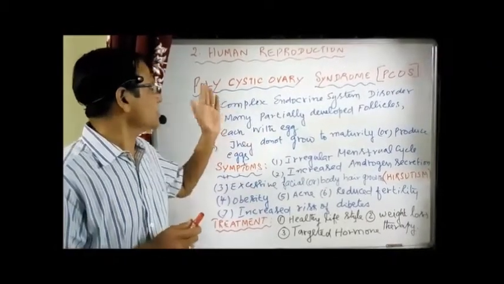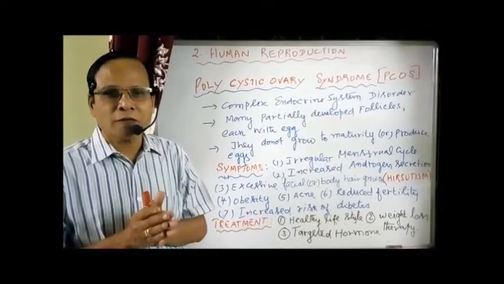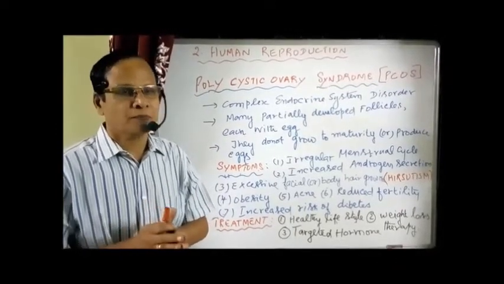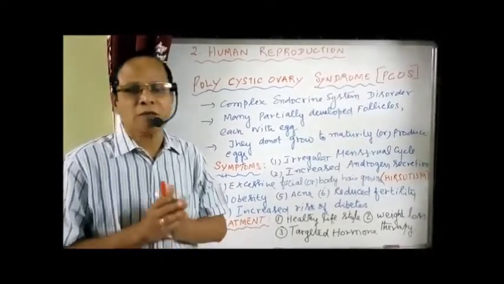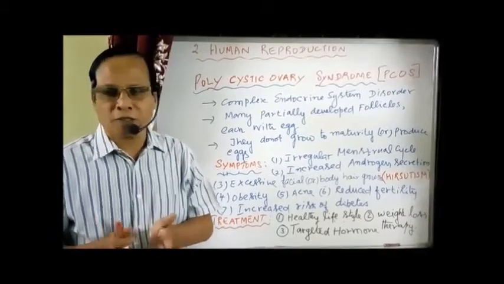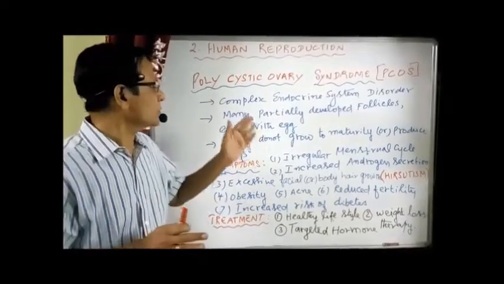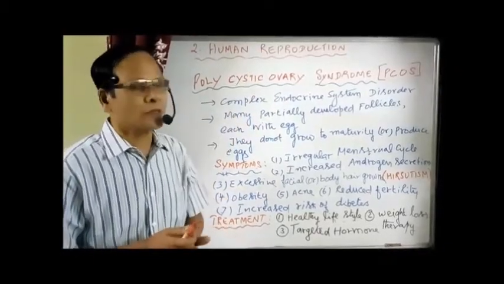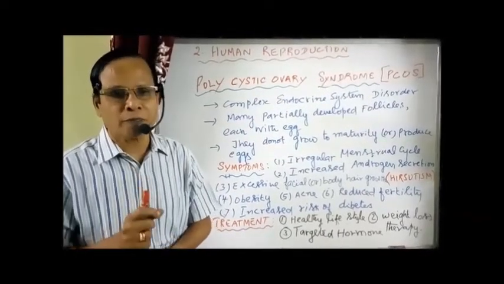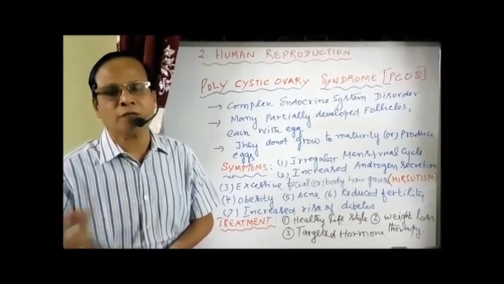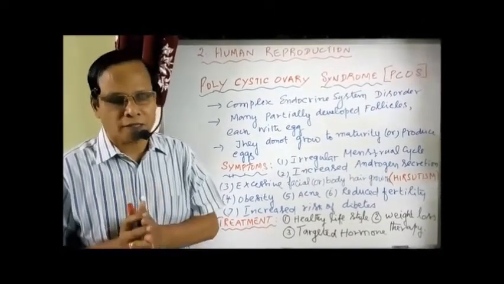That is one of the major symptoms of this polycystic ovary: development of partially developed follicles, each with an egg.